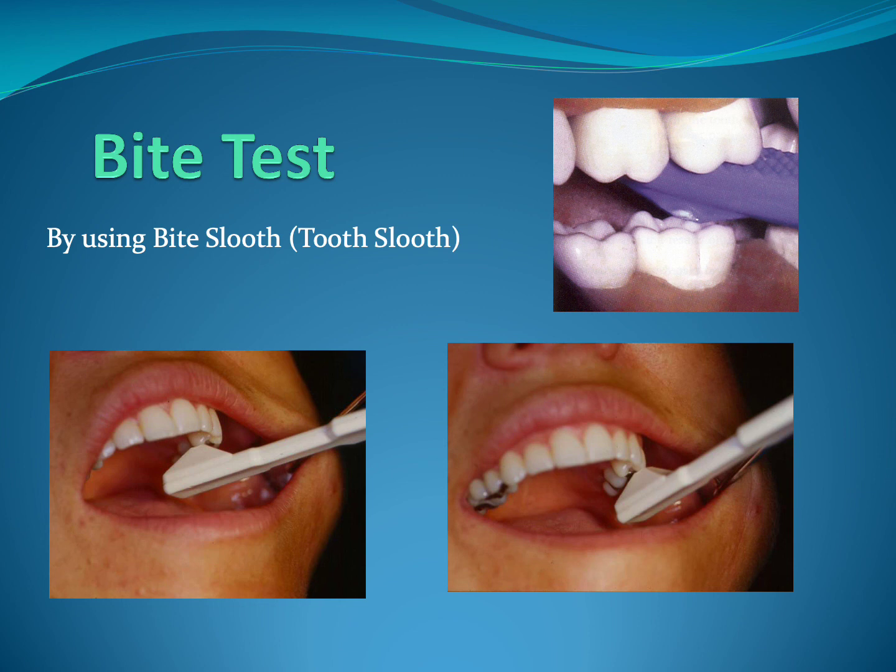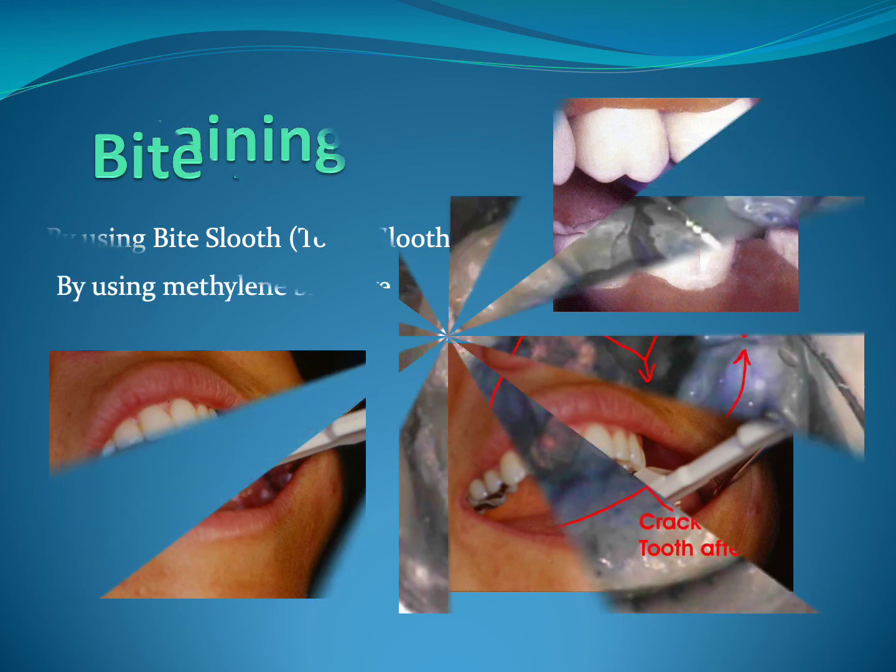If there is a crack in the tooth, will he feel pain on closing or on opening? He will feel it on opening. After he opens the mouth, he will say to you, I feel pain on opening.